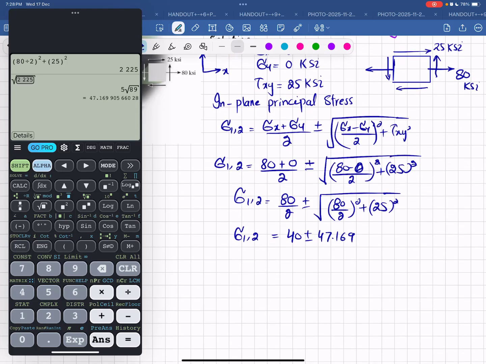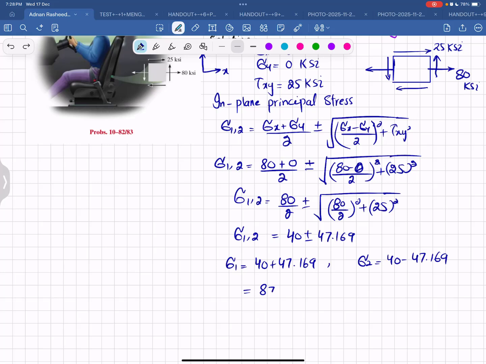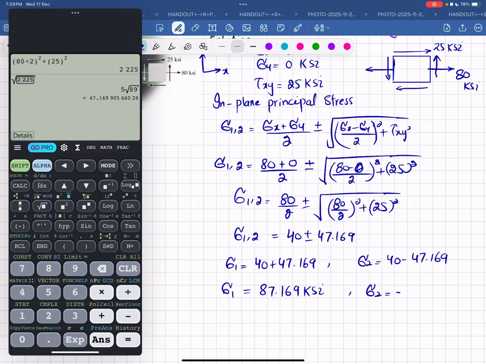Now from here we get sigma 1 is equal to 40 plus 47.169, and sigma 2 will be equal to 40 minus 47.169. So sigma 1 is 87.169, unit is ksi, and sigma 2 is equal to 40 minus 47.169, so it will be minus 7.169 ksi.